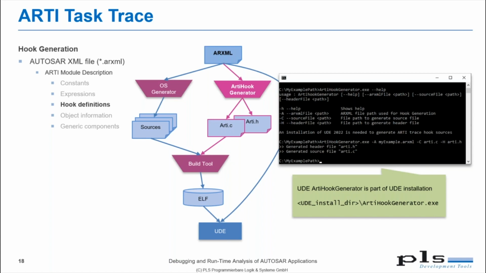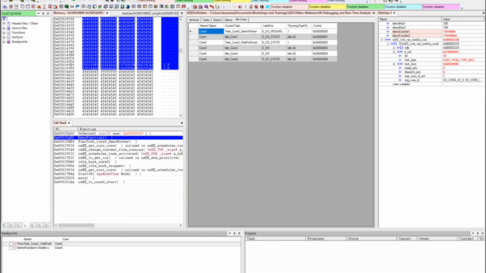Yeah, it's very simple. As an input, you use the AR.XML file and specify the output files, a C file and a header file, and then put it together and compile your application. And with that, you can now trace the system.